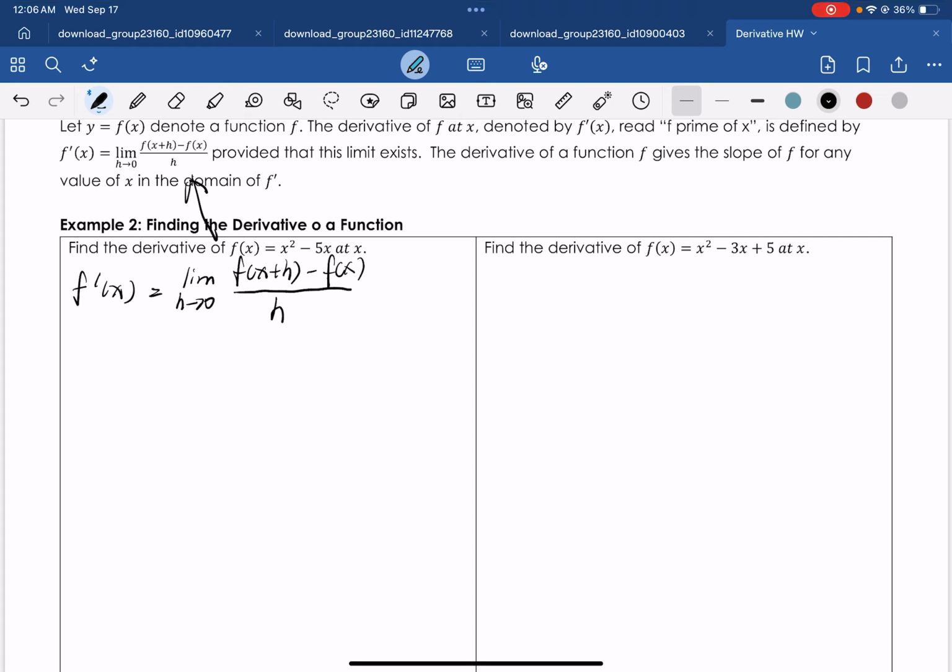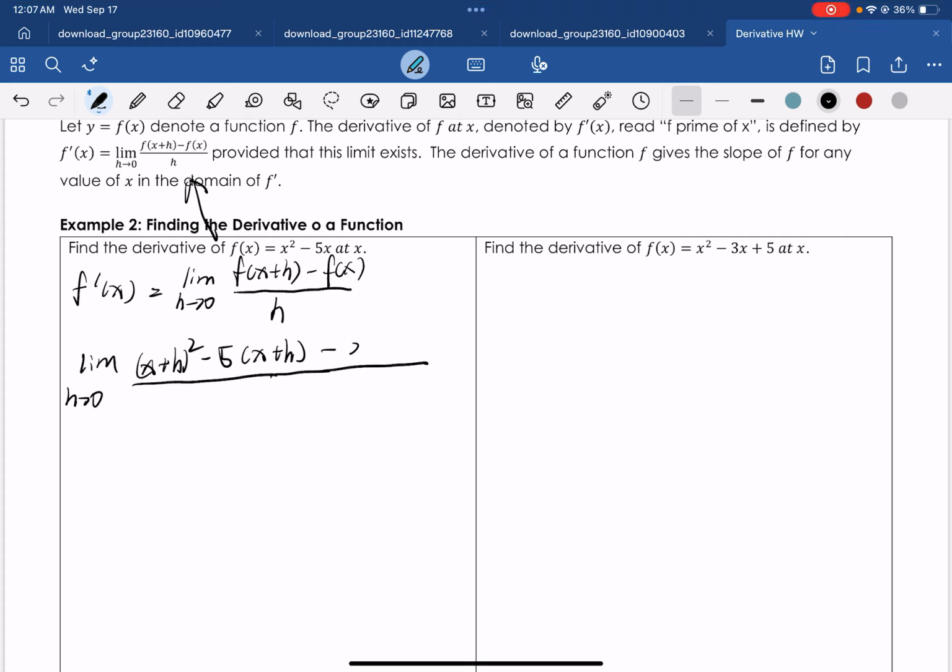And then we plug the actual expression into it. It's the limit as h approaches 0 of f of x plus h, where we just plug x plus h in for x, which is x plus h squared, minus 5 times x plus h, and then minus f of x.